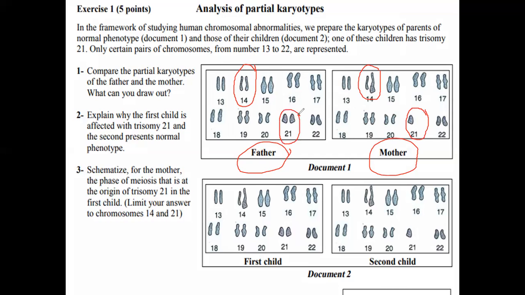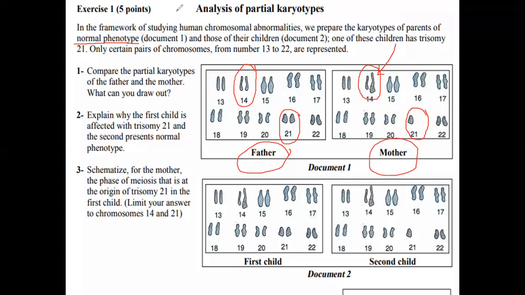In pair number 14, they are normal in the father. However, in the mother, one of them is larger than the other. But they said in document 1 that they have a normal phenotype. So here, what do you have to say? You don't have monosomy, for example. But for chromosome number 21, we have two copies in the father and one copy in the mother. What explains this?